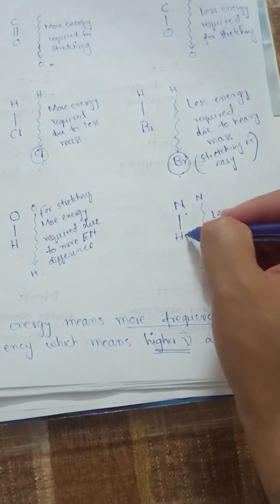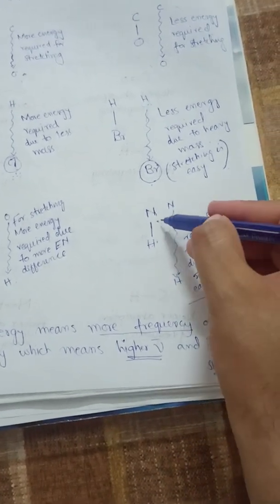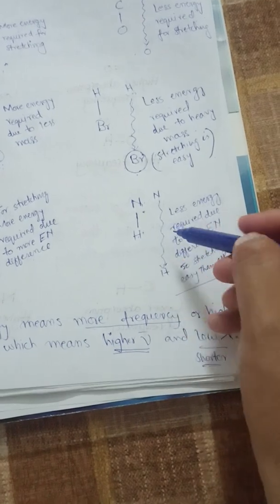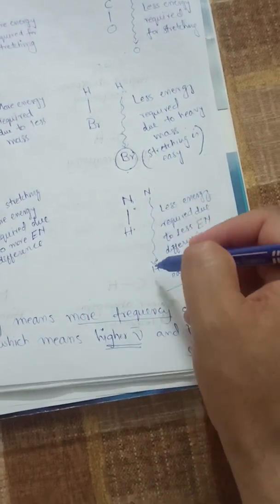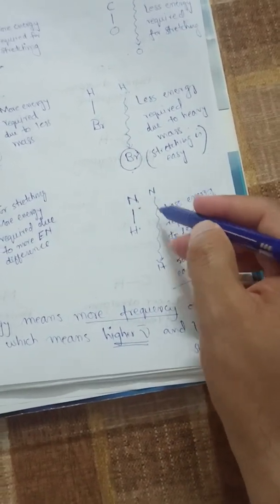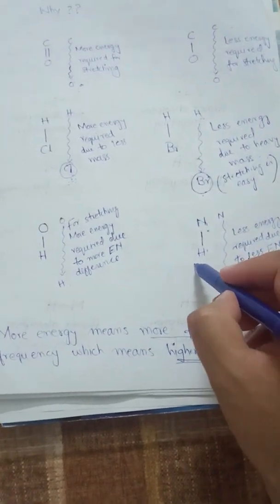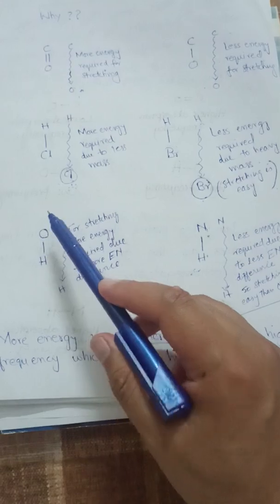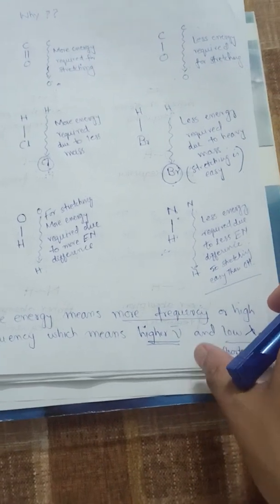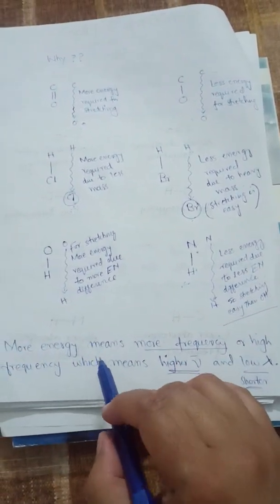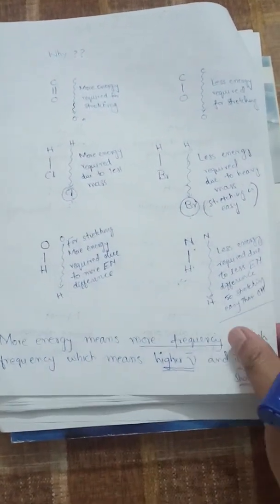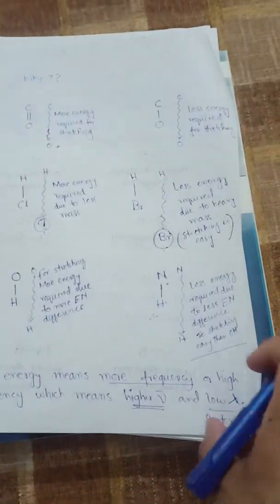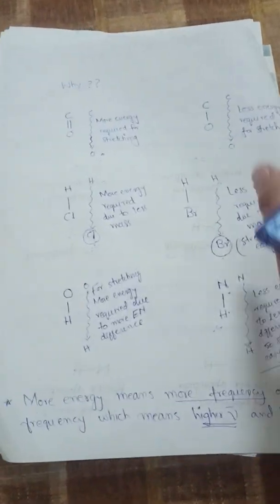The electronegativity difference is less, therefore a lesser amount of energy is required to stretch this bond because the bond is less strong, or the electronegativity difference is less than the electronegativity difference between hydrogen and oxygen. So more energy means more frequency or high frequency, which means higher wave number but lower wavelength.